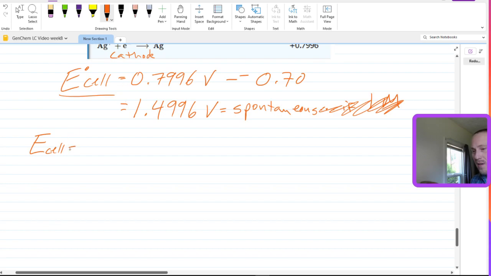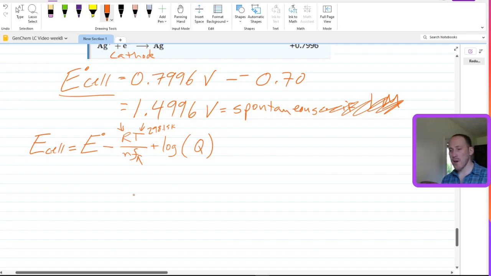But the actual E cell is going to be our standard minus RT over nF times the log of Q. Now, if we're at standard temperature and pressure, R is a constant, F is a constant, and T in this case is at our standard temperature and pressure. So that's where it comes from.